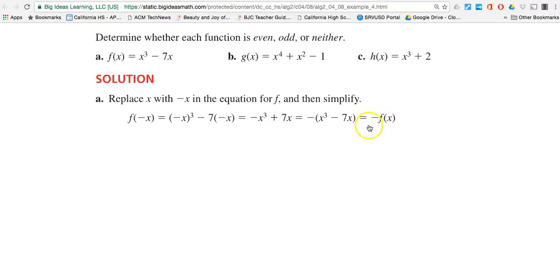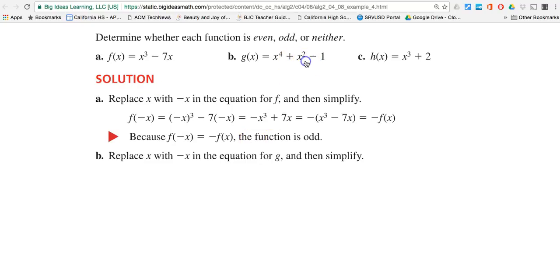So that ends up being an odd function. So again, look what we did. We replaced both x's with a negative x, we simplified, and then we factored out a negative 1 right here. And we saw that replacing x with negative x is the same thing as just multiplying our entire function by negative 1. So that is an odd function.